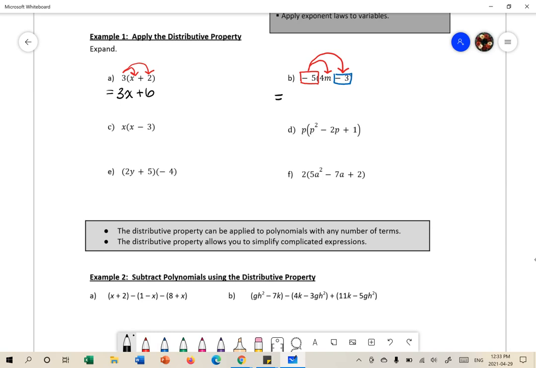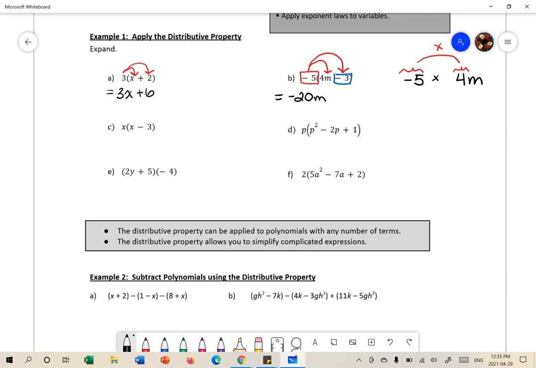-5 times 4m, we're going to multiply the coefficients together. So -5 times 4 is -20. And then we're going to include the m. Let's look at that on the side here. -5 times 4m. The coefficients are going to be multiplied by each other. -5 is a constant.